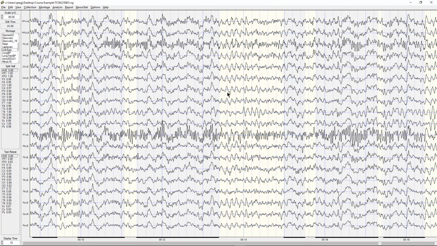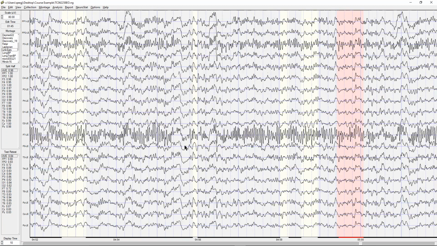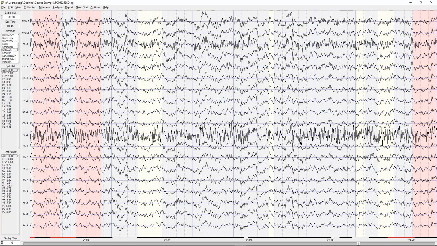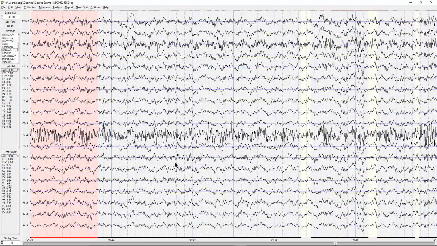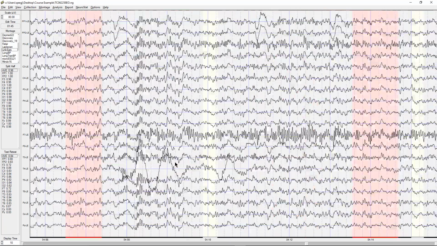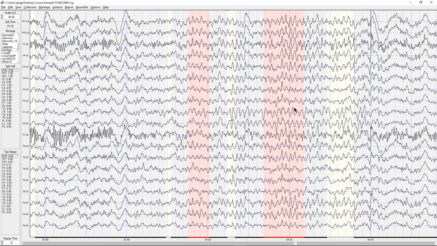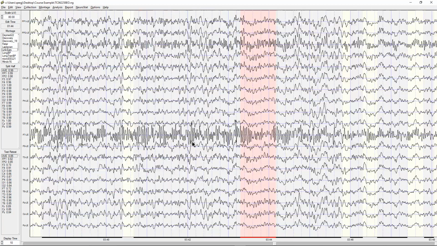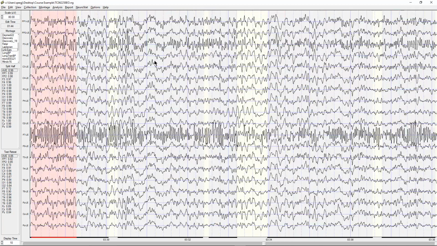Actually, it's picked out the data when she was sleeping, unfortunately, mostly. So yes, it's picking out the sleep EEG. And so if we were to run maps on this, then what we're going to get is just the effect of this muscle artifact.